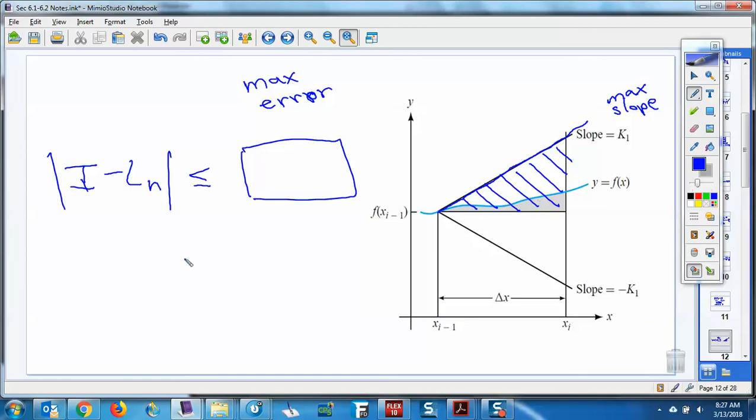So how do we do the area of that triangle? It would be 1/2 times the base. What's the base? I said this was one width, so it's going to be delta x. Well, what's delta x in these problems?